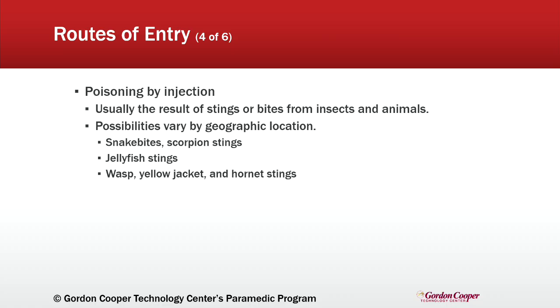In coastal areas, people are more likely to encounter envenomations from jellyfish, Portuguese man-of-war, sea urchins, and anemones. Nationwide, wasp, yellow jacket, and hornet stings are common sources of envenomation.